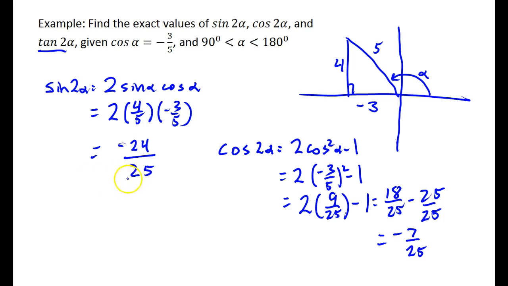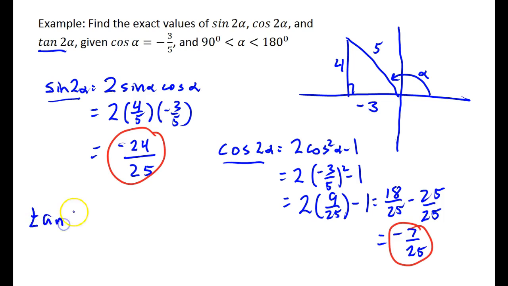Okay, now we're also supposed to find the tangent of 2 alpha, and we have a formula for that. But if I've already found the sine of 2 alpha, and I've also found the cosine of 2 alpha, well, the tangent of 2 alpha is the sine of 2 alpha over the cosine of 2 alpha. So I'm just going to use the numbers that I already calculated.